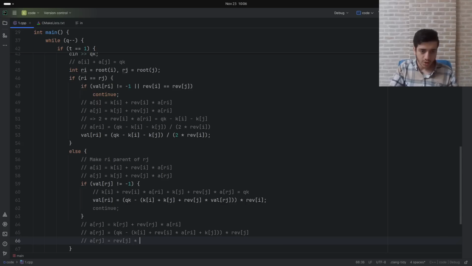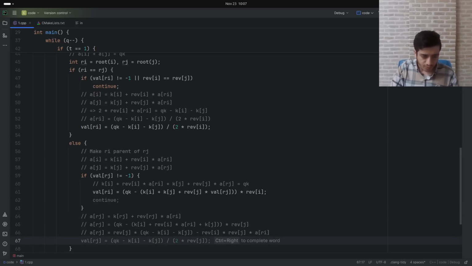There is rev of j times qk minus rev of j, okay, I can simply multiply to everything here minus ki minus kj and minus rev I times rev j times a of ri.